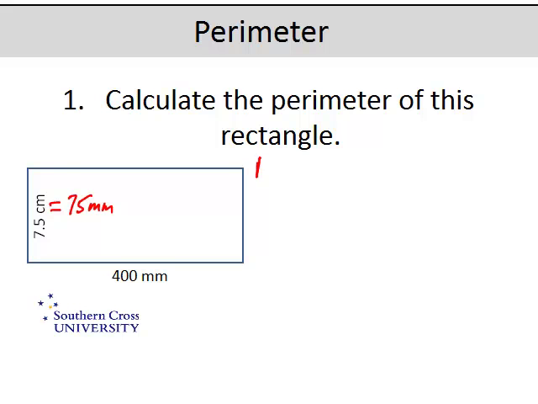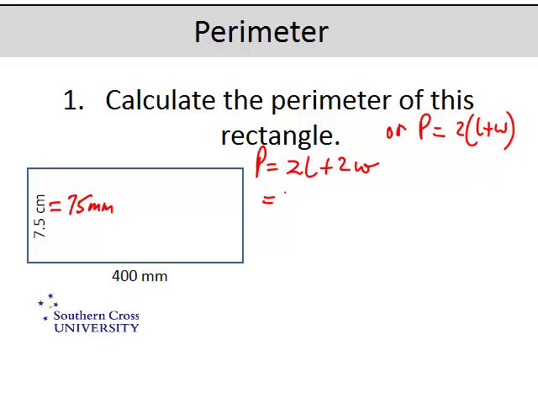So perimeter is 2 lengths plus 2 widths, or some people remember it as 2 lots of length plus width. It's the same difference.